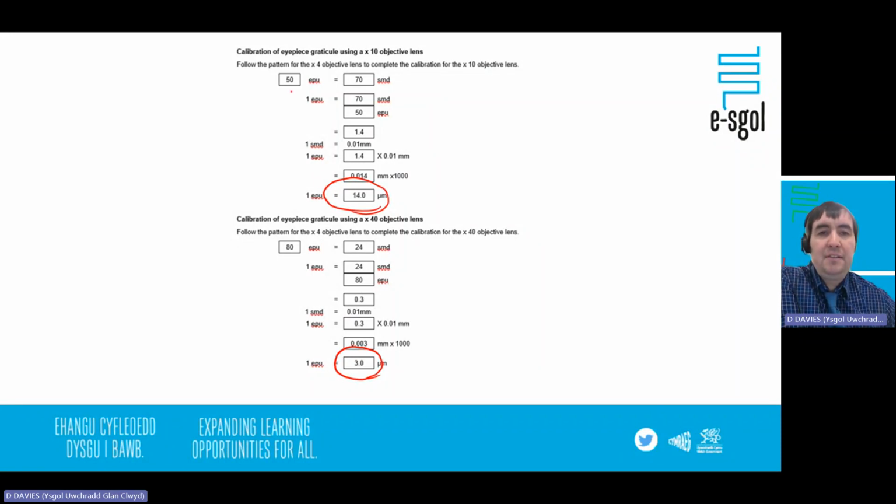If the numbers you've taken off the video aren't exact, that's not the end of the world. The important thing is that you go through the method: stage micrometer divisions divided by eyepiece units, multiplied by the value of one stage micrometer unit, multiplied by 1,000, and that gives you your microns.